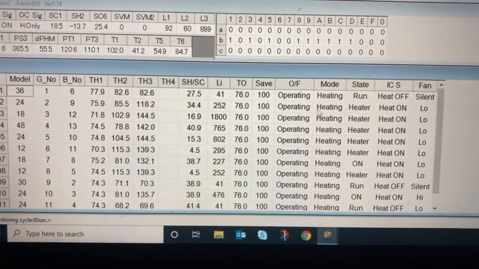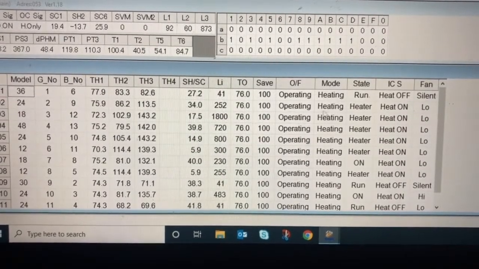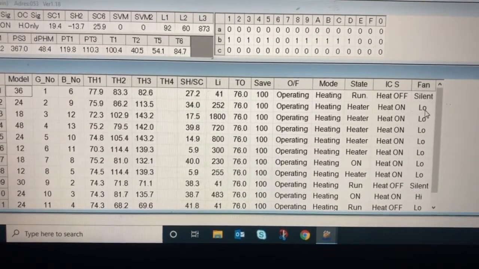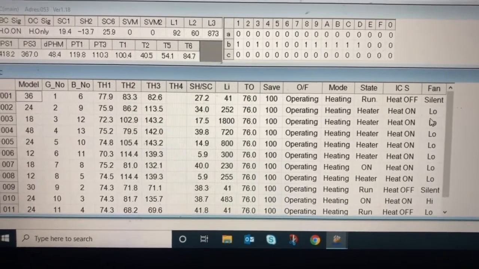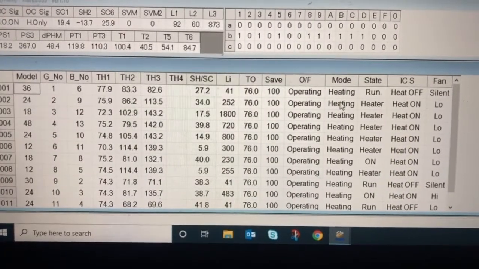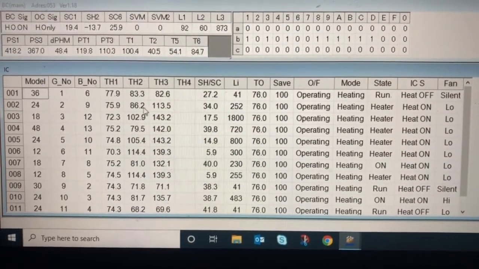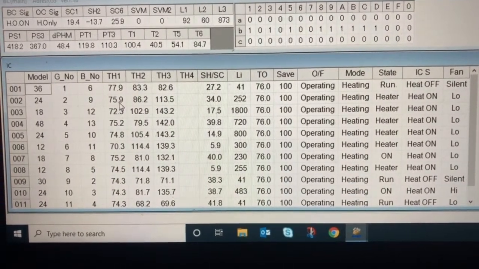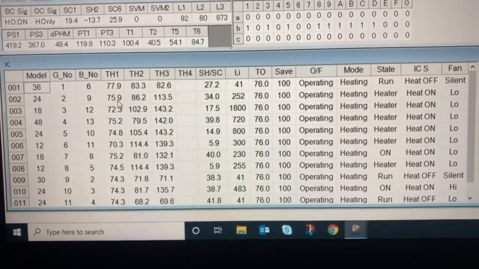The mode is heating, it's operating, and it's on. I have it on low speed. Eventually it's going to satisfy and shut that particular port off, and then the indoor air handler is going to turn off.